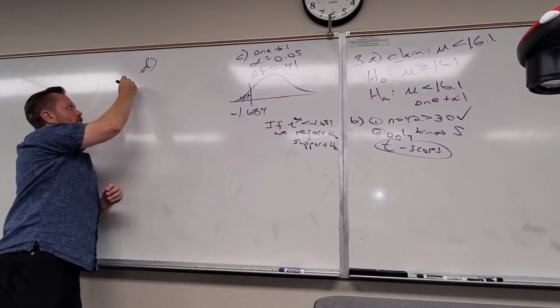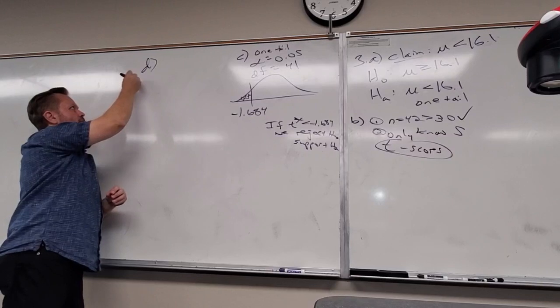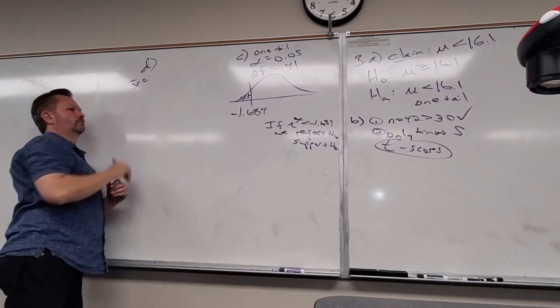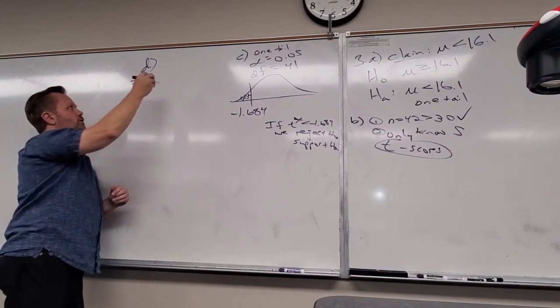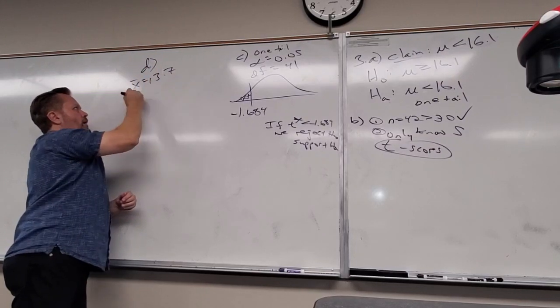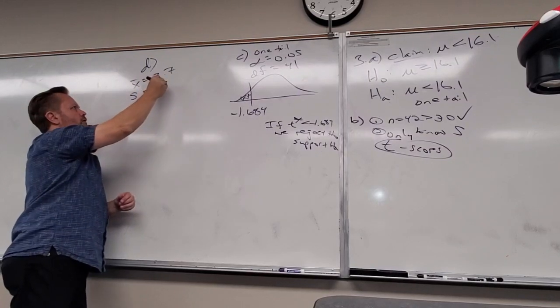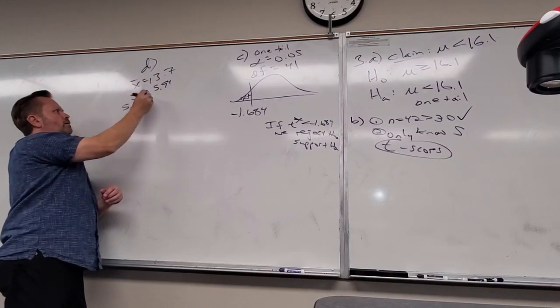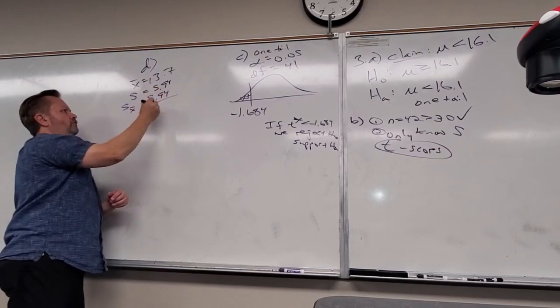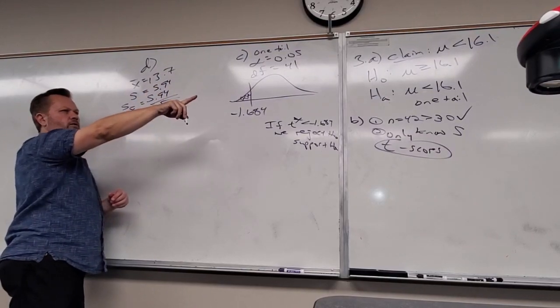So we are finding t star. What do we know from the sample? What's x bar? 13.7. S is 5.94. So s over square root of n is 5.94 divided by square root of 42.